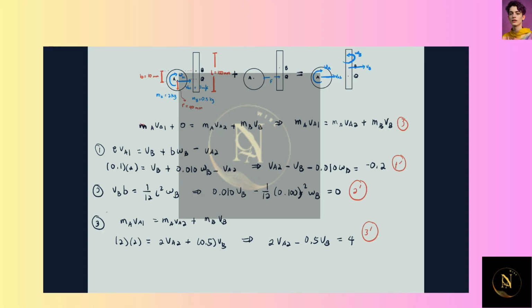We get va2 equal to 1.599 meters per second, vb equal to 1.06 meters per second, and omega b equal to 19.27 radians per second in the counterclockwise direction.